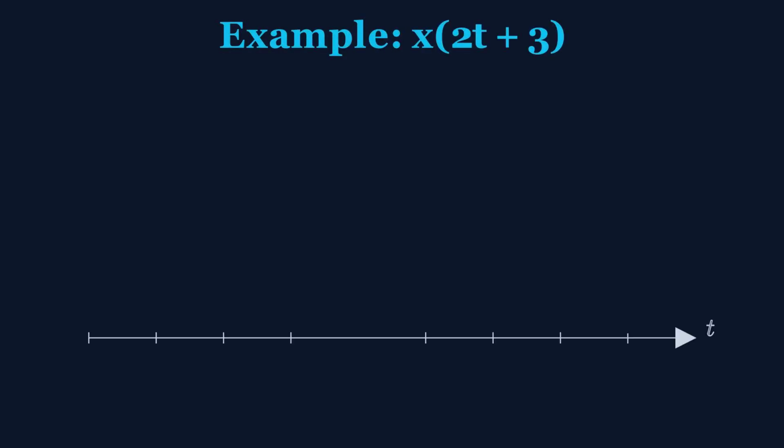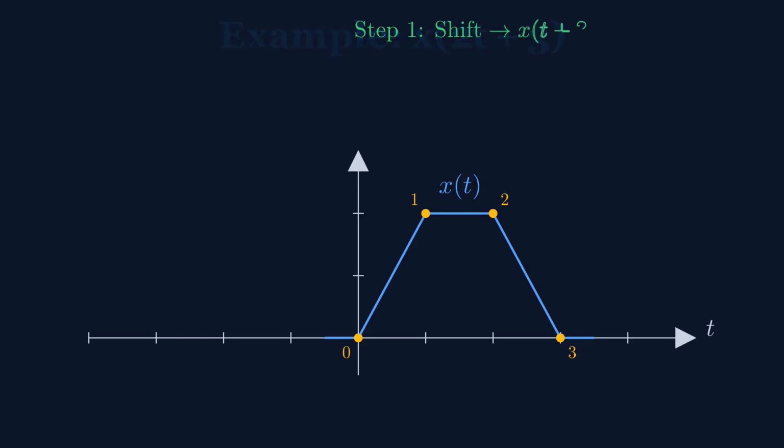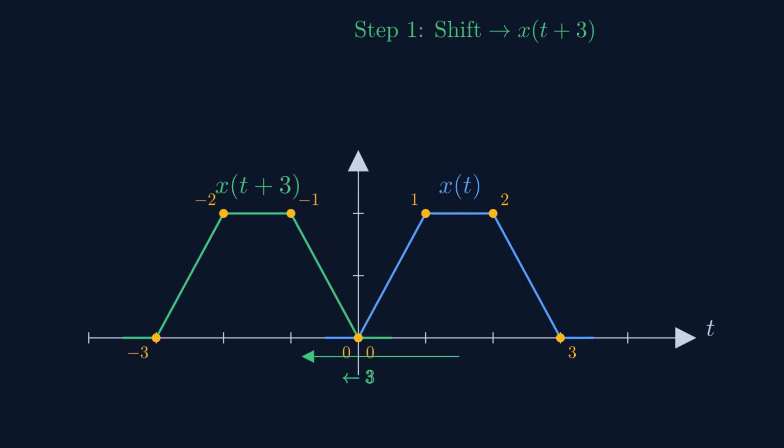Let us apply the method to our first example. Given x of t, a trapezoidal signal that rises from 0 to 1 between t equals 0 and 1, stays flat at 1 until t equals 2, then falls back to 0 at t equals 3. We want to draw y of t equals x of 2t plus 3. Step 1. Shift.